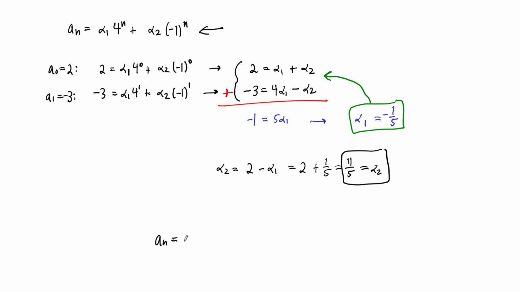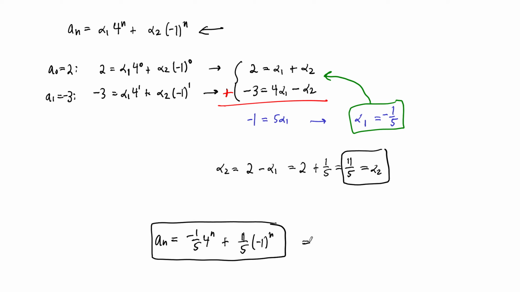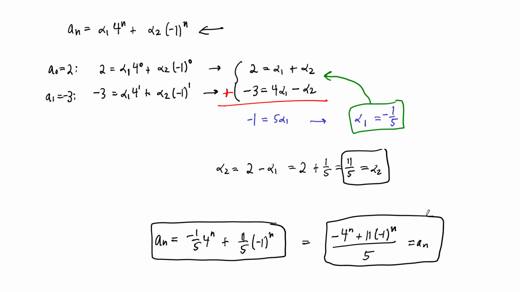It is that a sub n is equal to negative 1/5 times 4 to the power n, plus 11/5 times negative 1 to the power n. This is good enough. You can leave it like this. You could, if you wanted to, combine it into a single fraction and write it as negative 4 to the power n plus 11 times negative 1 to the n, all over 5. Either one of those is fine. They are, of course, equivalent.